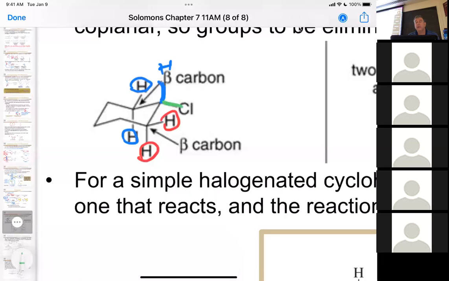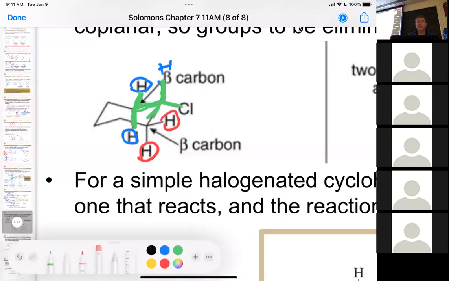This chlorine is not anti to that hydrogen or anti to this hydrogen. These two hydrogens are anti to each other, and this hydrogen is anti to the carbon over here. So can we eliminate one of the blue beta hydrogens?